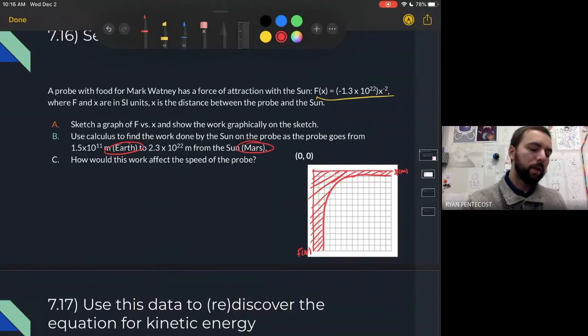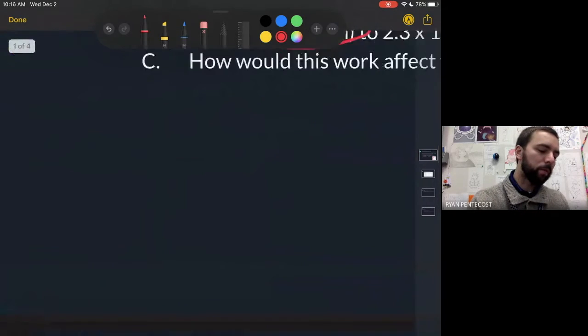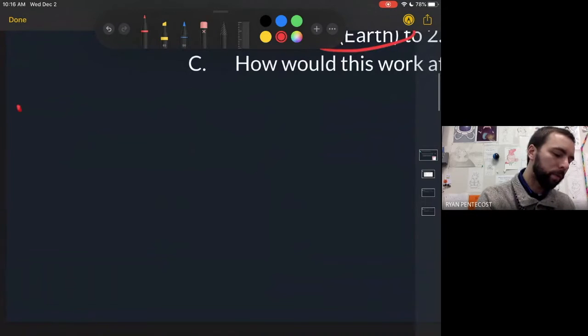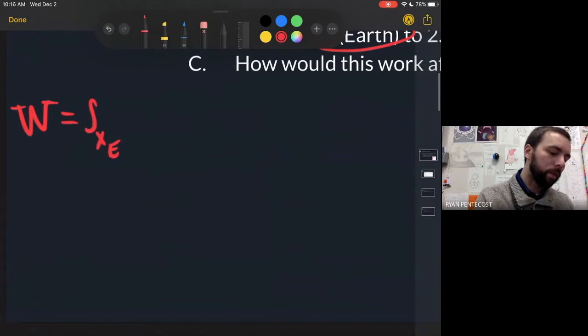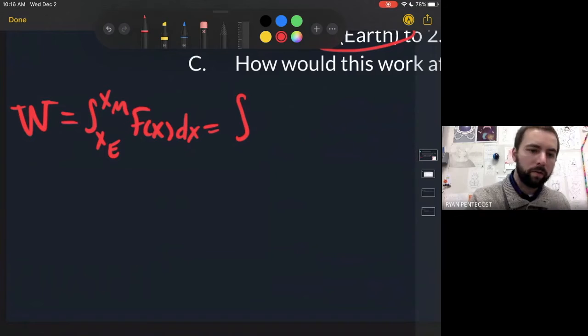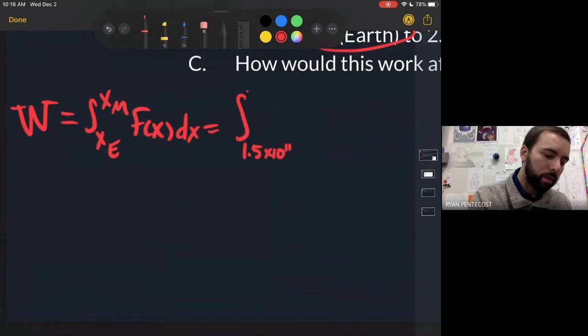So to do this problem, what we want is the work. So that would be the integral from the Earth to Mars of our F of x dx, right? So that would be the integral from 1.5 times 10 to the 11 to 2.3 times 10 to the 22nd.